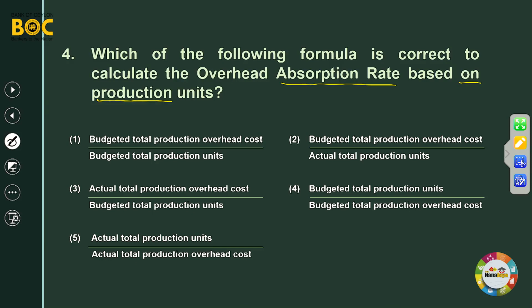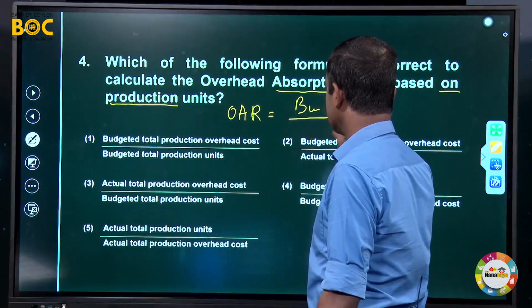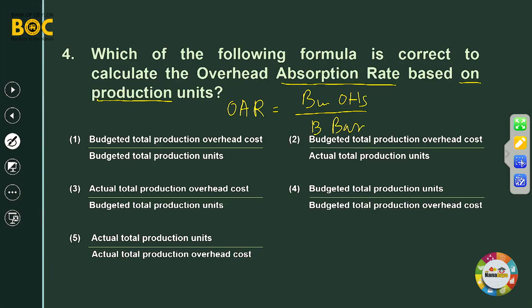Overhead absorption rate, say OAR, is equal to budgeted overheads divided by budgeted basis.